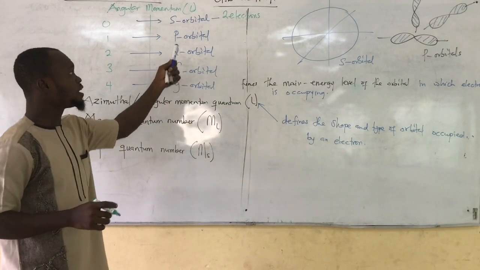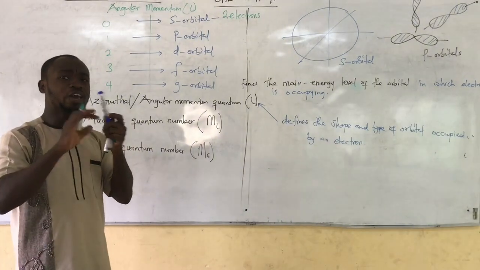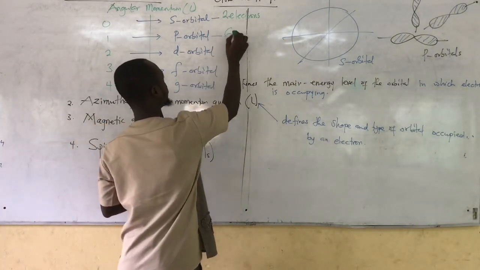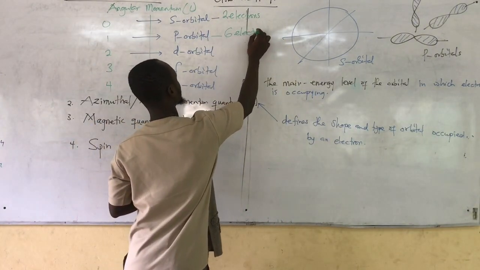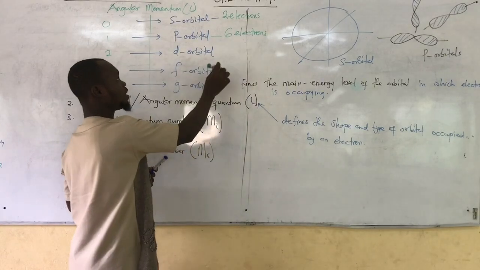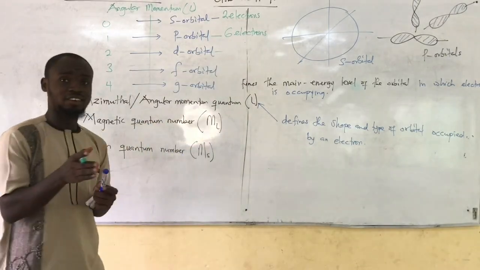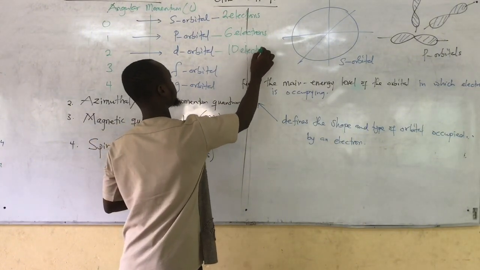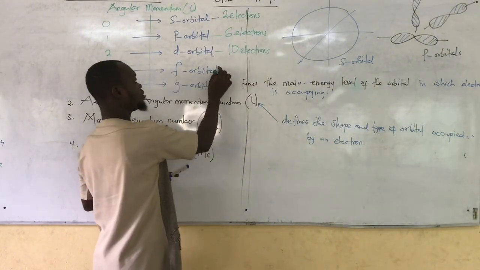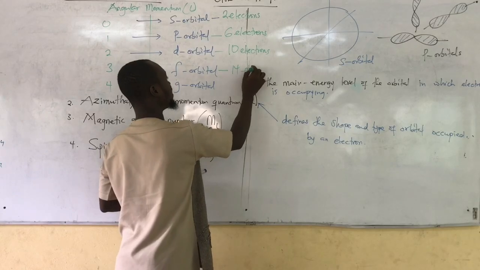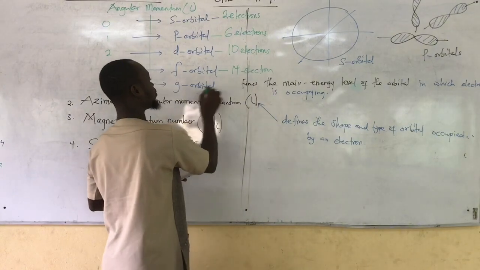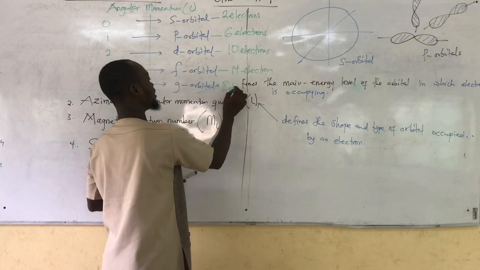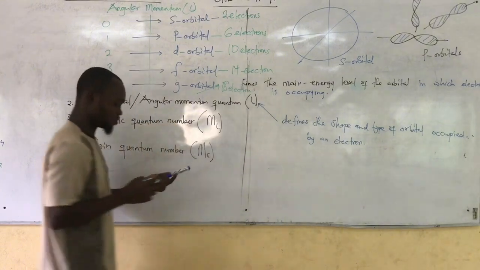In the p orbital, the maximum we can allocate is 6 electrons. The d orbital, the maximum that can be located in a d orbital is 10 electrons. For the f orbital, the maximum is 14 electrons. And for the g, we have 18 electrons.